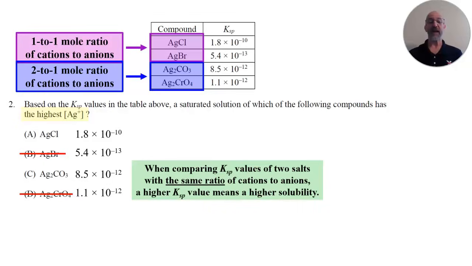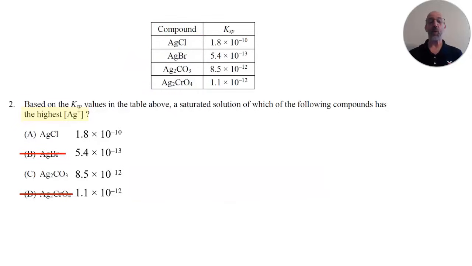So I've now narrowed it down to either choice A or choice C. But as I mentioned, the math is different when you have a 1-to-1 ratio versus when you have a 2-to-1 ratio. Let's go ahead and start with choice A. So now I'm going to begin to do actual calculation setups. There is a 1-to-1 ratio, so the concentration of silver would be represented as an unknown variable, X. And the concentration of chloride is the same as the concentration of silver based on that 1-to-1 ratio.